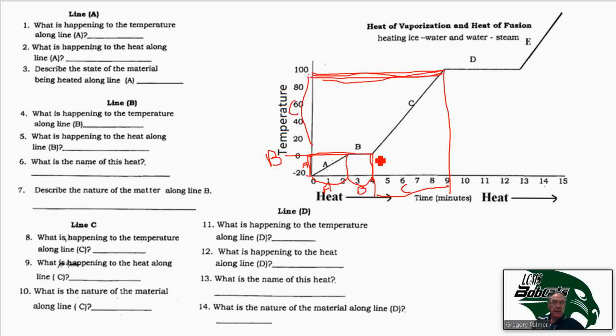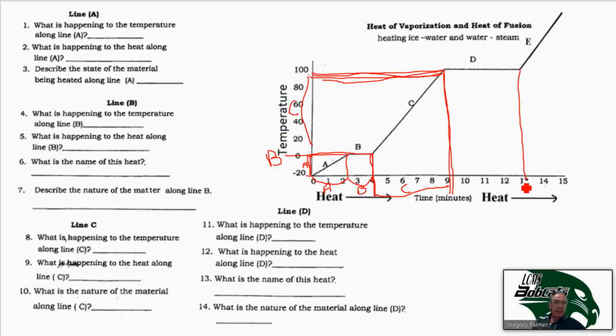So the heat increases from about 4 to 9, and on the y-axis, the temperature increases from 0 to 100.